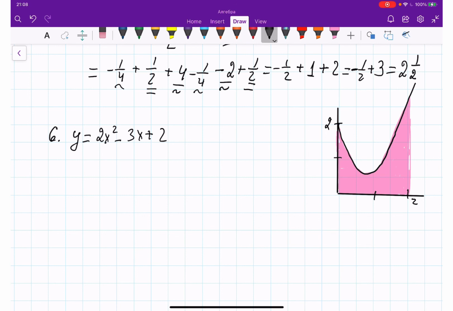Our boundary is going to be x1 equal to 0, and then our boundary x2 is equal to 2. So we need to find the integral within 0 and 2, right? So let's write down. If we want to find the area of the shaded area, we are taking the integral between 0 and 2.